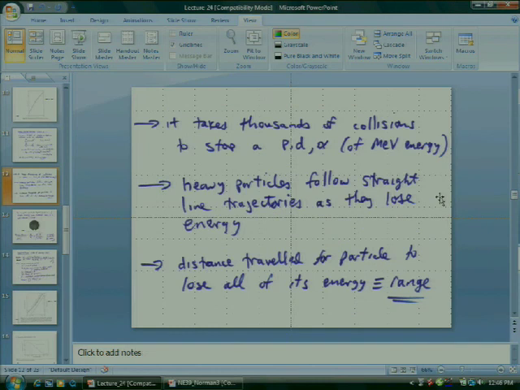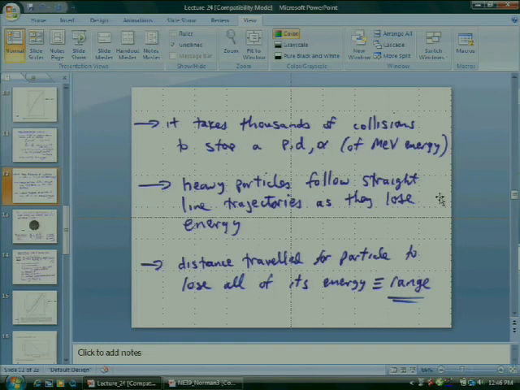Okay? As the alpha particle or a proton or a deuteron or whatever traverses a material. Now again, because I've got a heavy particle, proton, alpha, whatever, and it's interacting with very light particles, electrons, these heavy particles tend to travel in very straight lines. Okay? Unlike the electrons, which I was talking about a minute ago, which, because they were scattering off of equal mass particles, could undergo very large angle scattering.